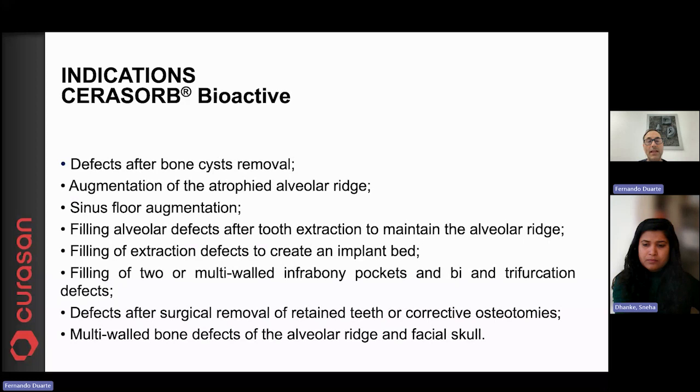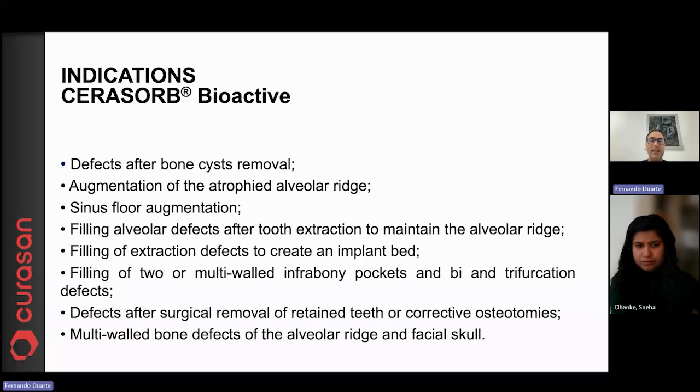The sinus floor augmentation is the most widely done surgery in oral surgery, because we know that the posterior teeth are the first teeth that patients will lose. And of course, there is a bone atrophy, and we need to regenerate that anatomic area before we place the implants.